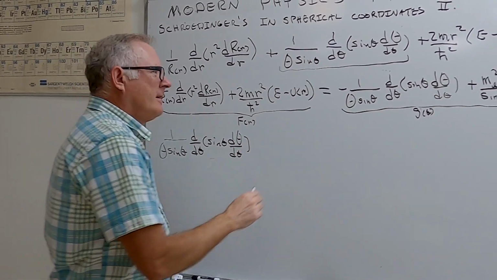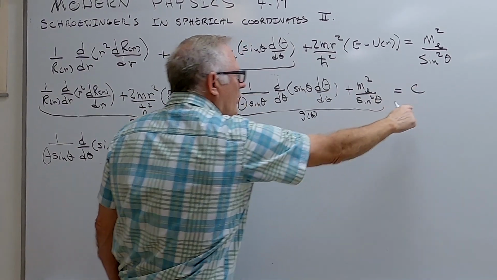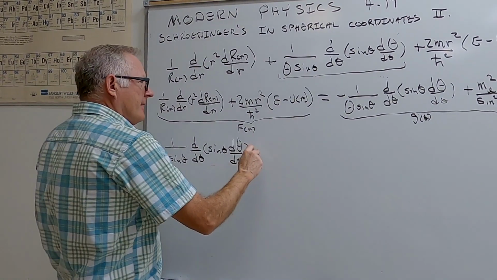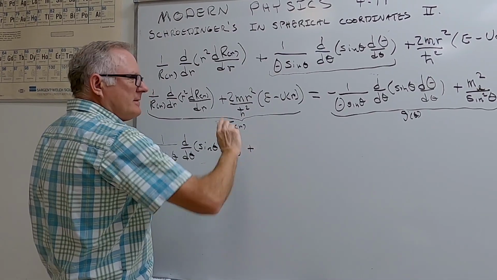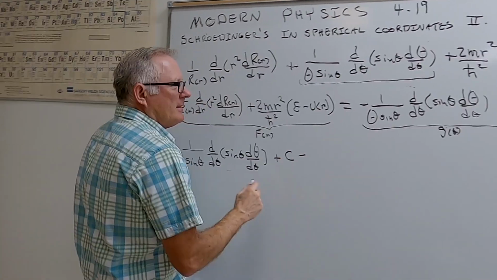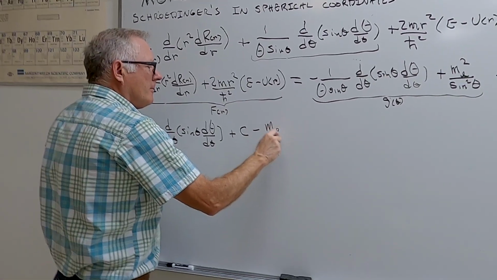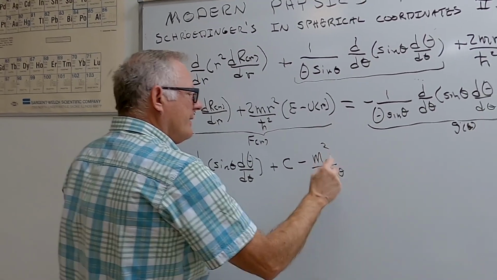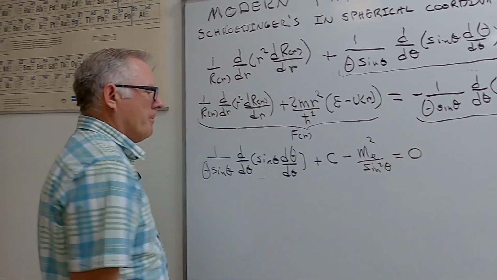Okay, and then I'm going to move this term over to that side. Well, we'll put it at the end. And so then we also get plus c, which will be a positive, minus m sub l squared all over sine squared theta equals 0.